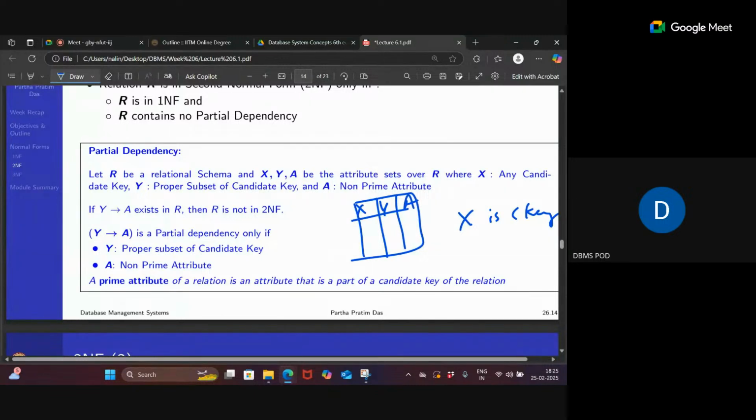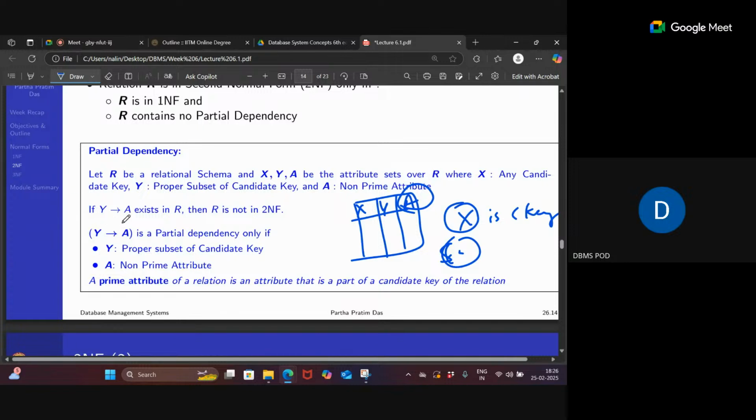Let us say X here is something like employee ID, employee name together is a candidate key. Then Y can be employee name. So Y is a proper subset of the candidate key, and A is a non-prime attribute.